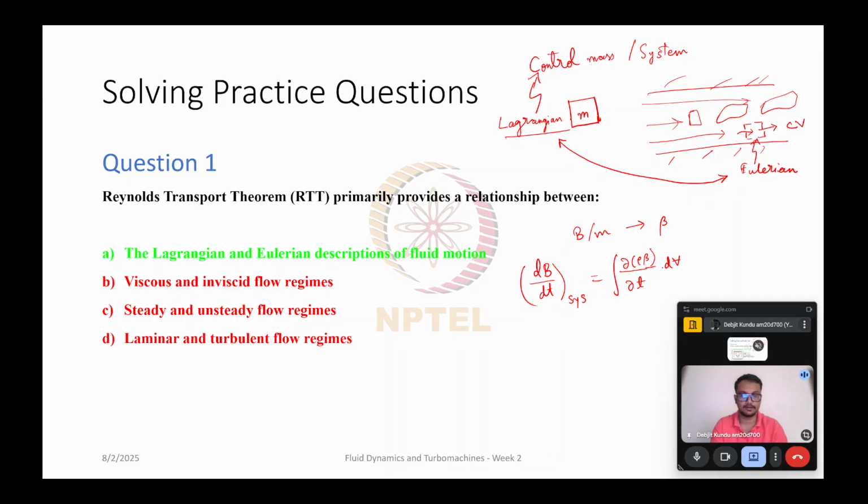So dV is some elemental control volume, and you integrate it over the whole control volume.